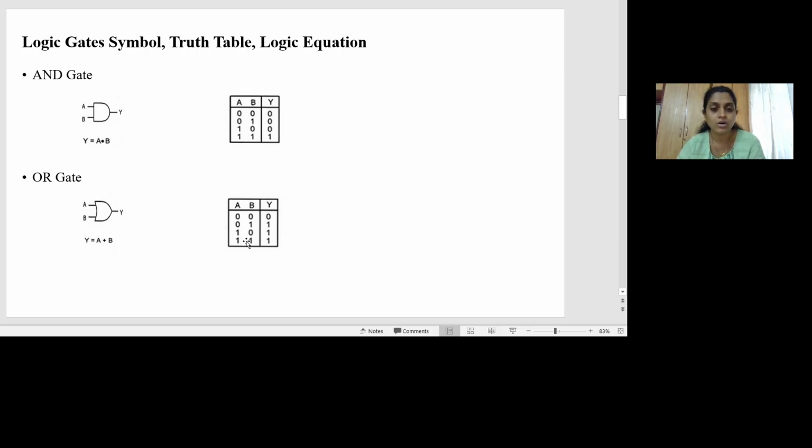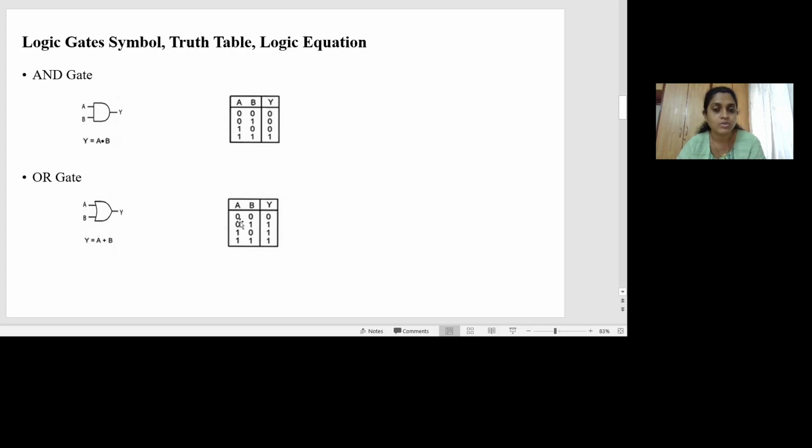This OR gate resembles two switches connected in parallel. When one of the switches is enabled or activated, the circuit will be completed and the bulb glows. When both the switches are activated, then also the circuit will be completed.